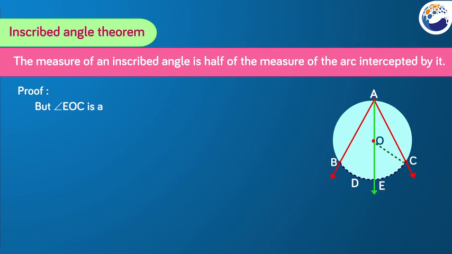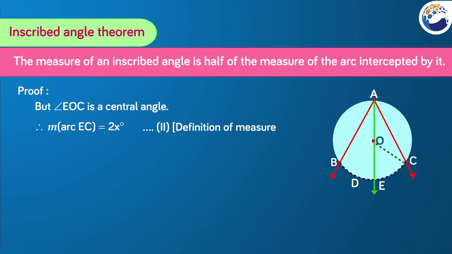But angle EOC is a central angle. Therefore, the measure of arc EC is equal to 2x degrees. Equation 2. By the definition of the measure of an arc, angle OAC is equal to angle EAC, which is half of the measure of arc EC.